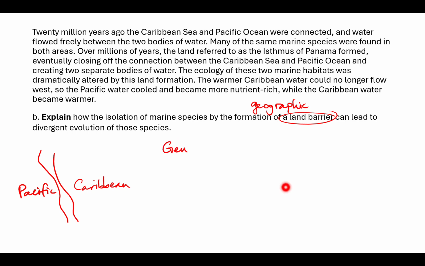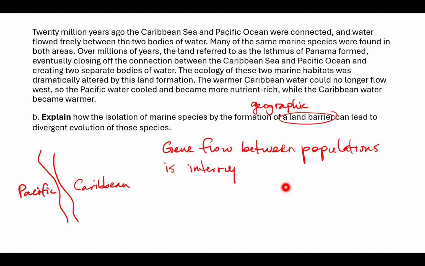So you can say gene flow between populations is interrupted. And since this is an explain question, I would go into a little more detail.